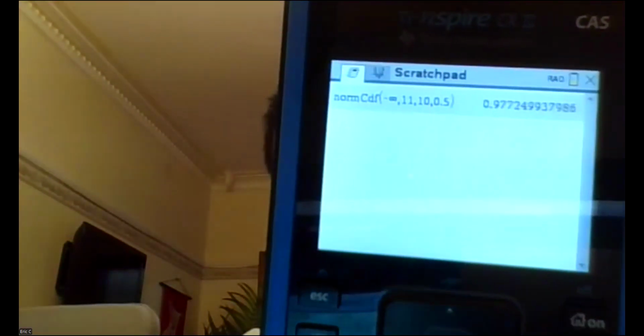Then just go OK, and that's your answer there. So it's going to be 0.9772.